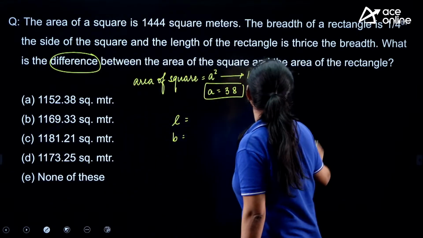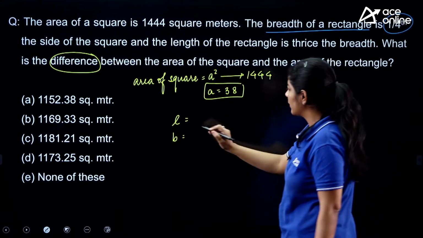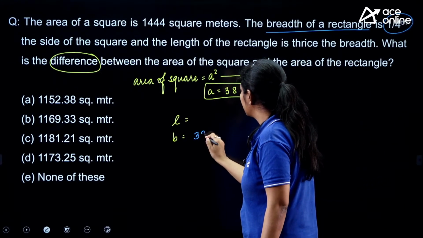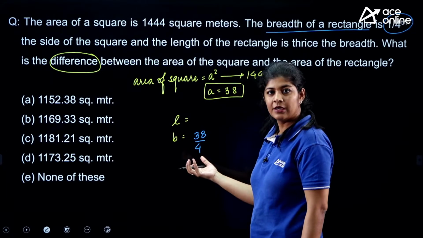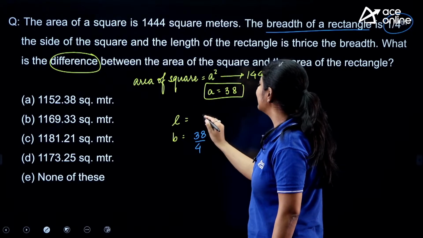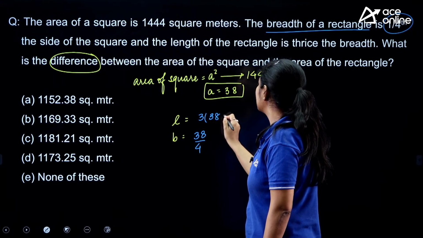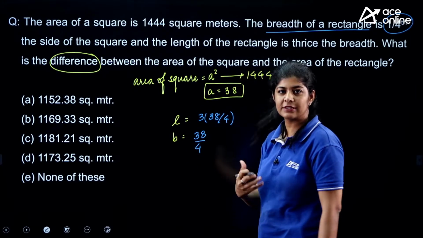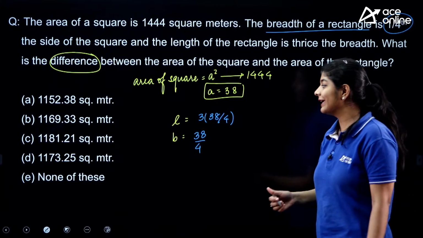So the question is saying that the breadth of the rectangle is 1/4 of the side of the square. So it is nothing but 38/4, right? This is the breadth of the rectangle, and the length is nothing but thrice the breadth. That means 3 into 38/4. This is the formula that we are having. Now what we have to do? We have to calculate the area of the rectangle.